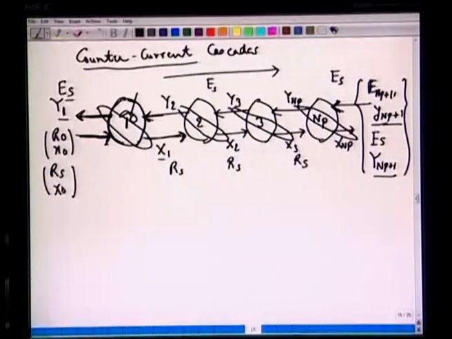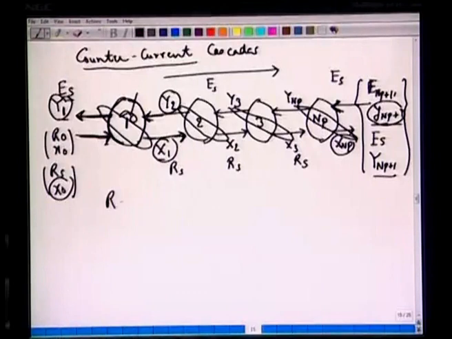So, we can mark these points on the equilibrium curve, and if we make a material balance, the material balance will give us, given x1 what is y2, given x0 what is y1, or given xNP what is yNP plus 1. So, let us make a material balance or a species balance for phase A. We can write RS, solid free basis, times x0 minus xNP.